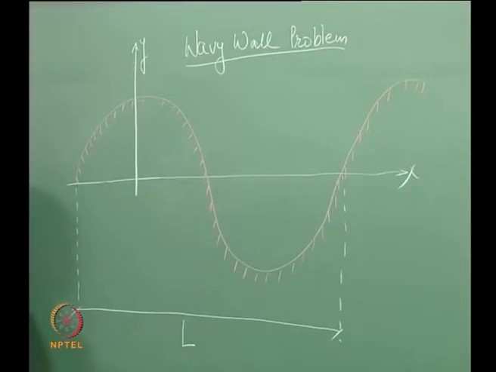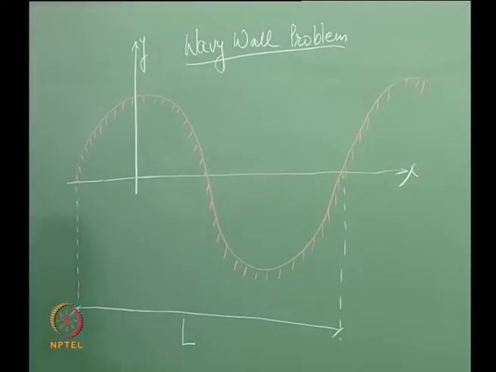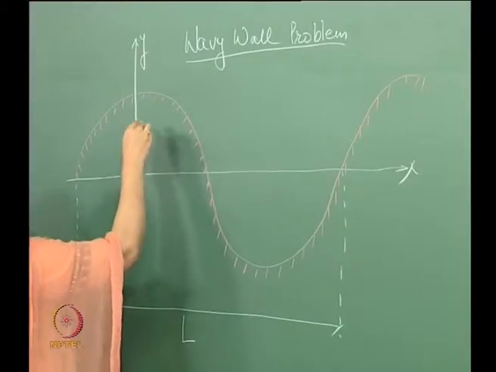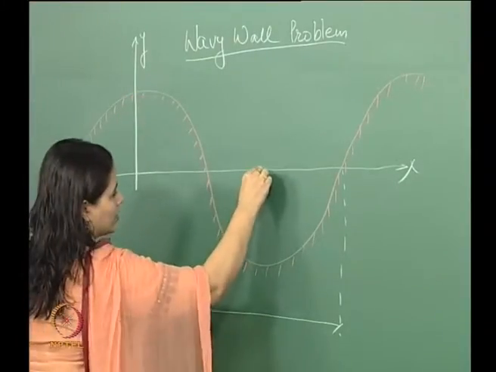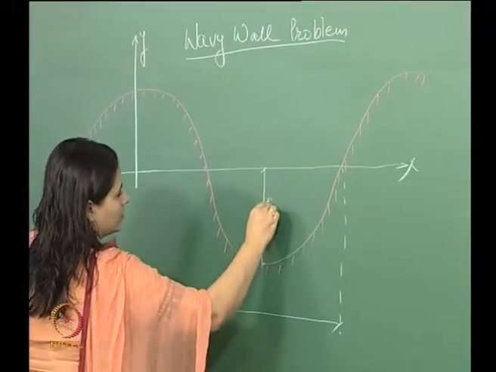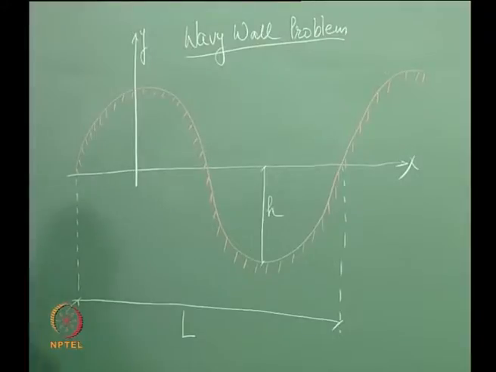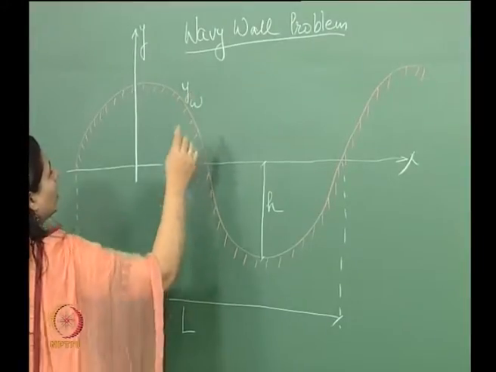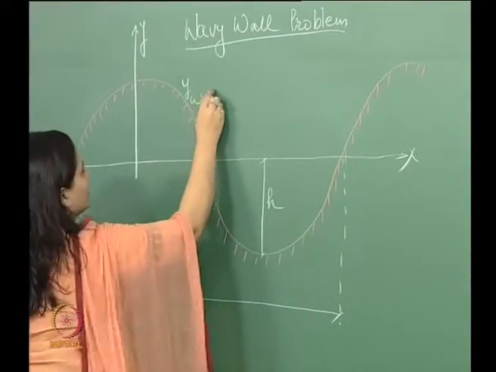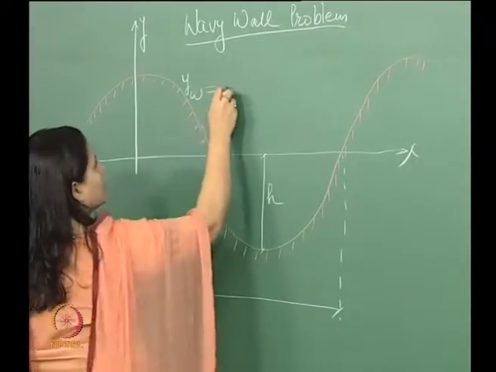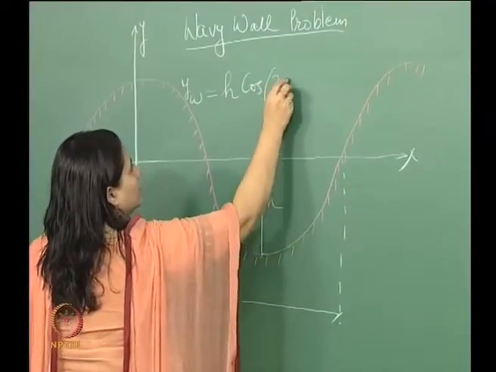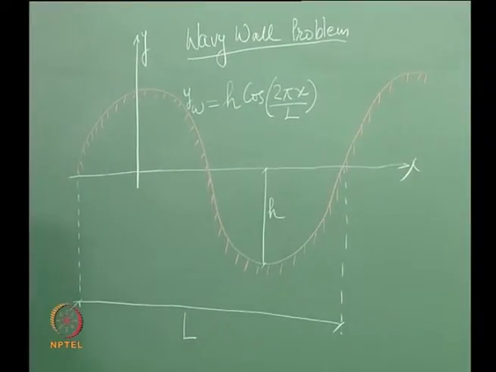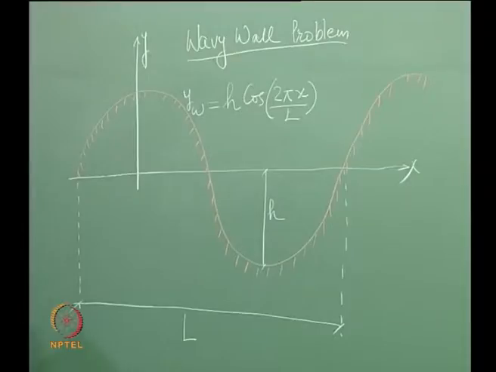This could be lambda if you want to choose it that way. This is the amplitude, of course, H. And the y ordinate is given as Y_W, or Y wall, and this is given to us as an expression. So this is essentially the problem.